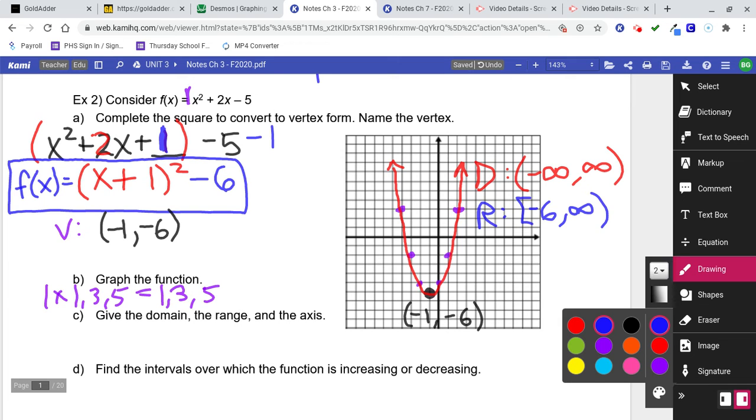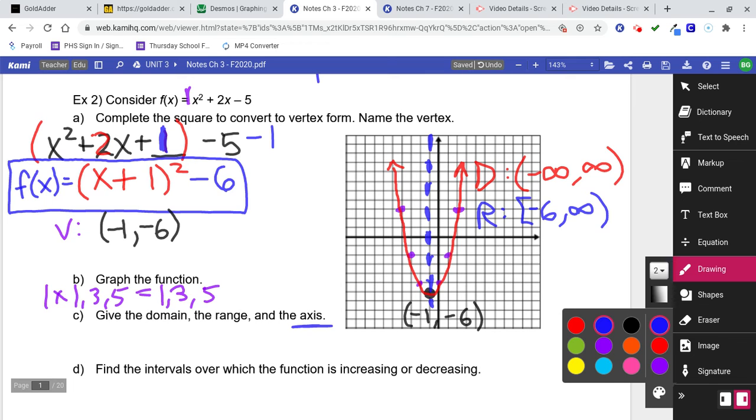Now, the axis is something we haven't really talked about, I don't think. The axis of symmetry is like an invisible line that shoots right through the middle of the parabola. Imagine if you took the left half of the parabola and folded it over that line, it would completely cover and be right on top of the right side of that parabola. Yeah? That's the axis of symmetry.